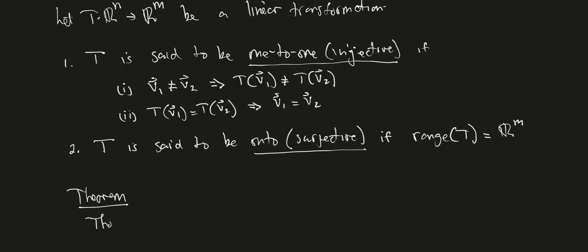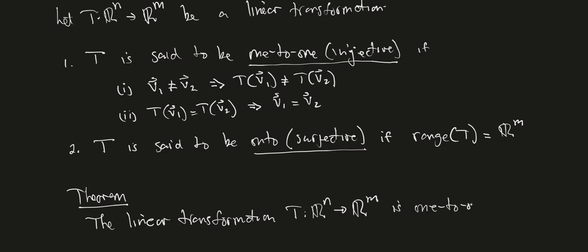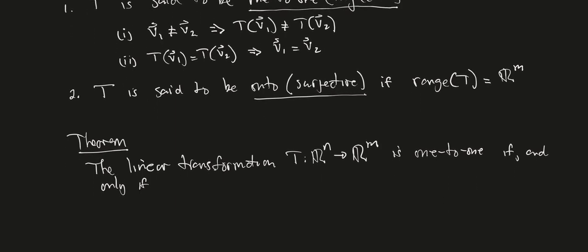It says the linear transformation that goes from Rn to Rm is one-to-one or injective if and only if the kernel of the transformation is simply the zero vector.